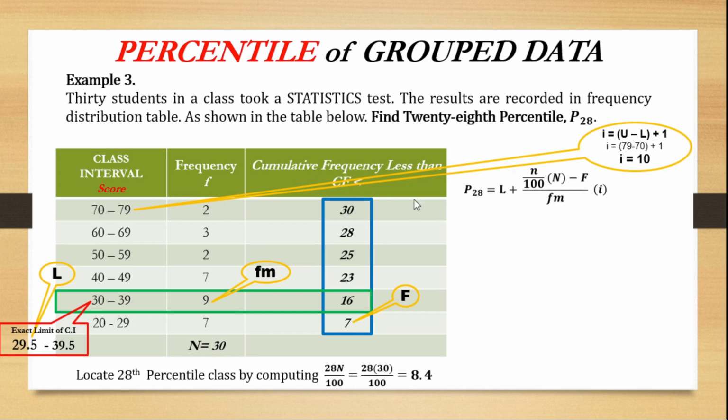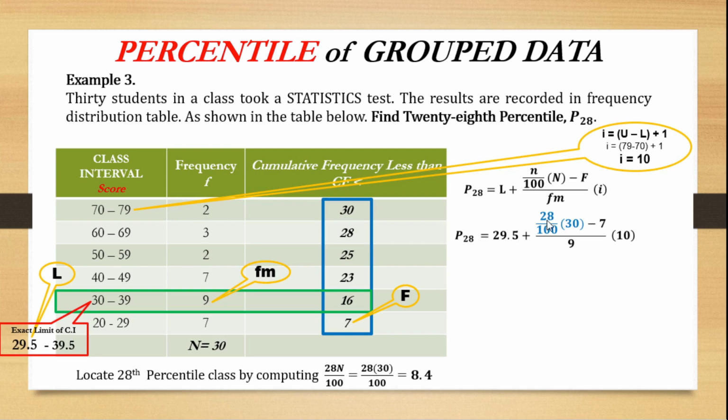After, we are going to use the formula. Take note that we are looking for the P sub 28, or the 28th percentile. We use the formula P sub 28 is equal to L plus (lowercase n divided by 100 times the uppercase N minus F) divided by Fm, times I. Substituting the values, our L is 29.5. Since we are looking for the P sub 28, our lowercase n is 28.